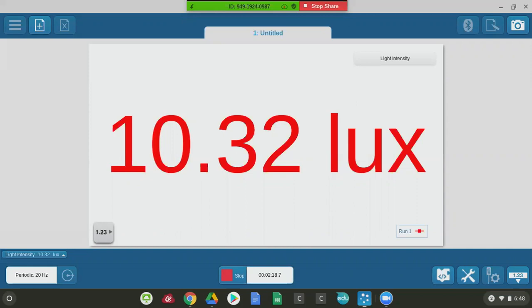So I'm going to stop this and I'm going to start it again. And I'm going to go back to 90. Let's see if we can get the light sensor reading.